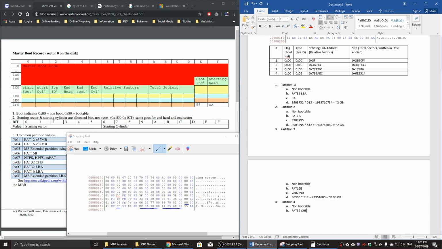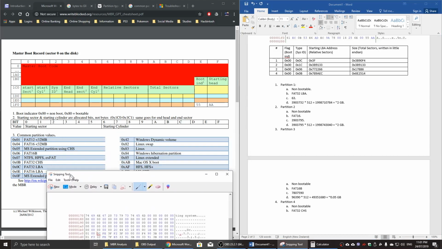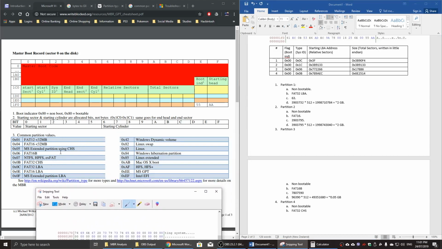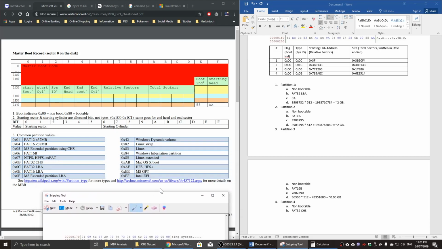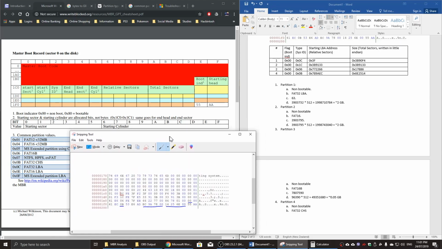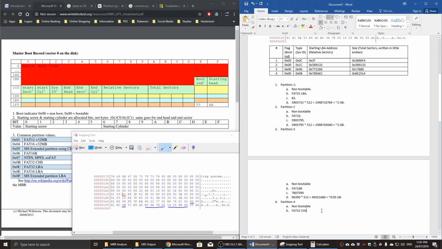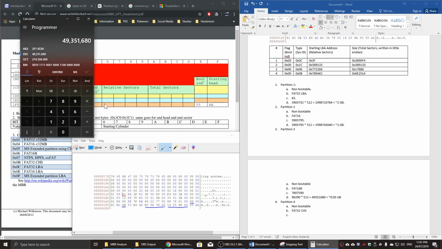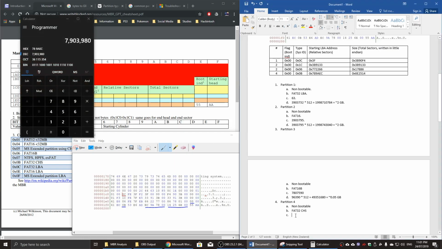I'm looking at this table here, the common partition values, and if I can't find it in this particular one that's provided here, which are the most common ones, you can use that website and it will show you more in-depth partition values. So the starting LBA relative sectors is 789AEC. That's that in decimal.